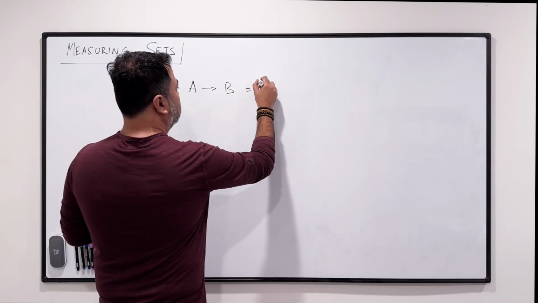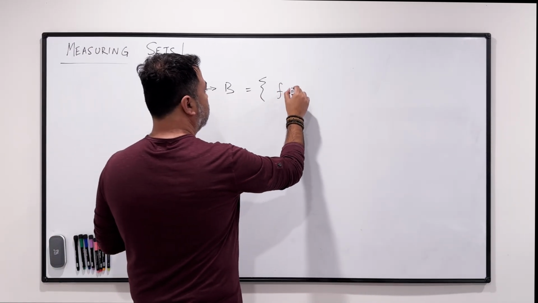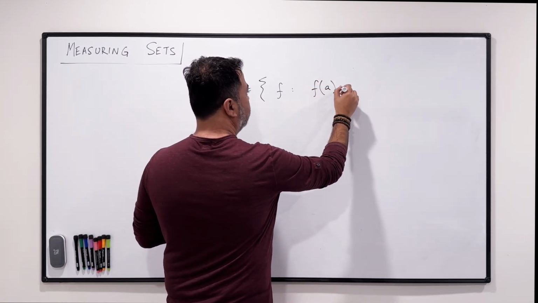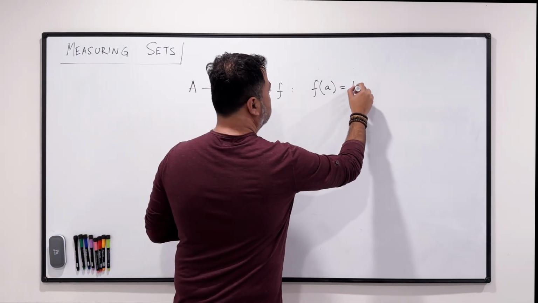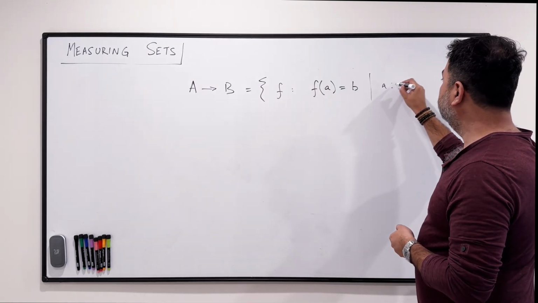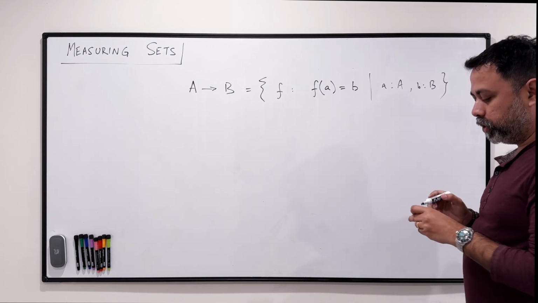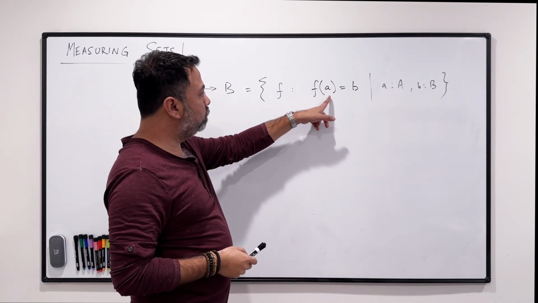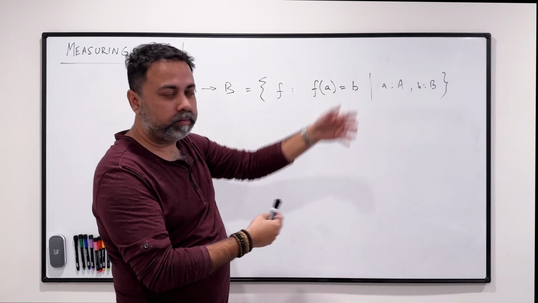So I'm going to define these formally as functions, where if you apply f to a, you get something in B, where a has to come from A and b has to come from B, right? And then the usual restrictions in a function apply, where you cannot have the same element mapping to two different things. They could map to the same thing.